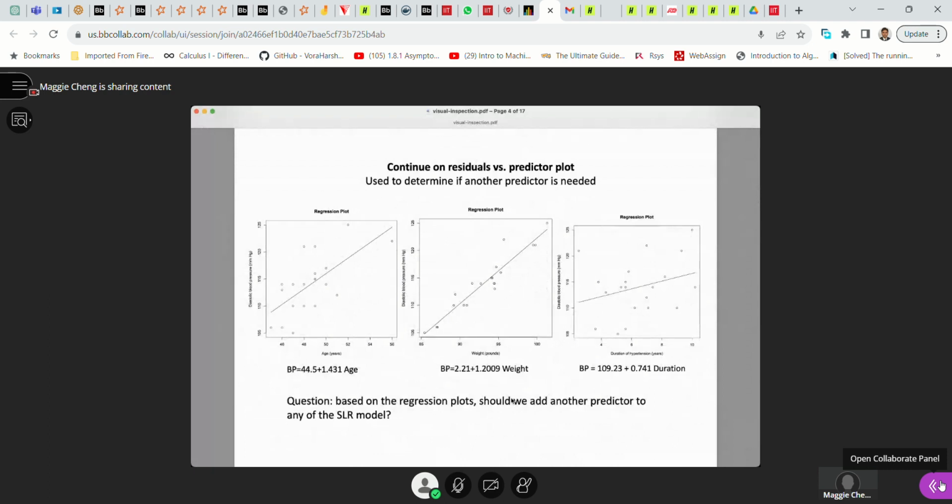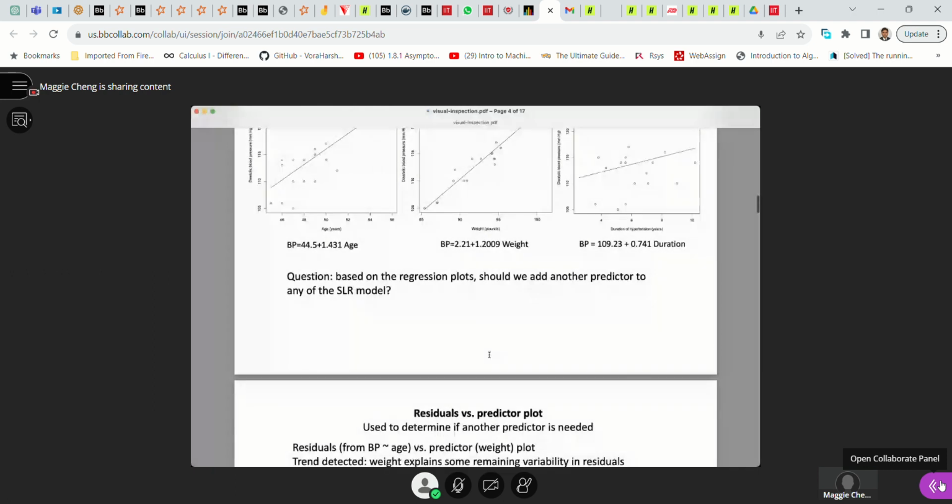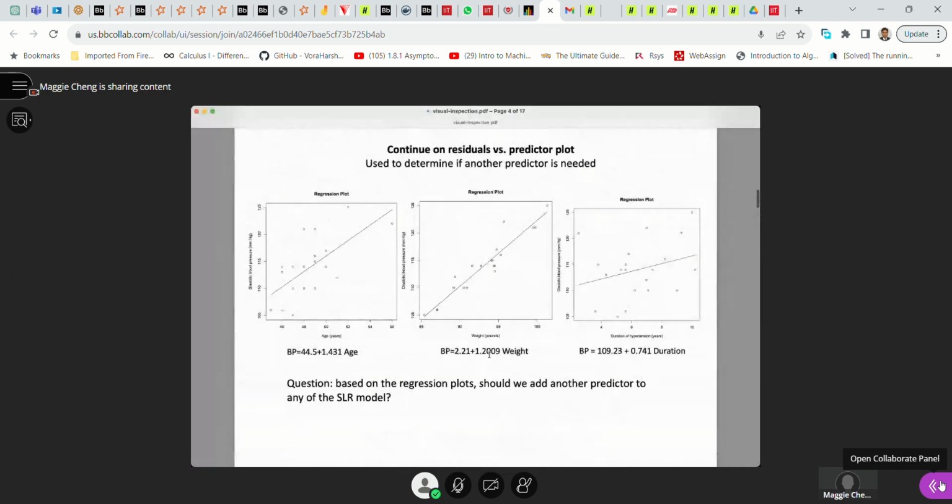Now, here is another example. This one is talking about blood pressure versus a bunch of other factors, for example, age, weight, and duration of some cardiac activity. I didn't write down the full description. Basically, coming from the physical exam data, your blood pressure, the age of the person, the weight of the person, and this is the duration of some cardiac activity.